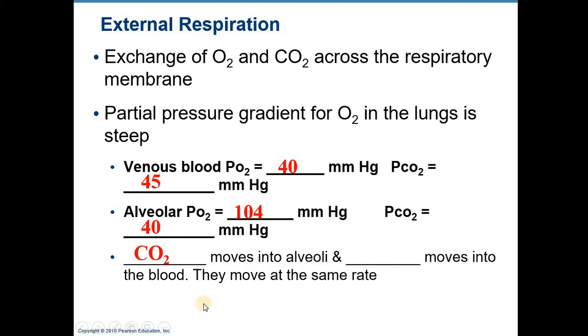Because of their different partial pressures, carbon dioxide is forced to move into the alveoli and oxygen is forced to move out into the blood. They move at the same rate. So their difference in partial pressure explains how they move across the alveoli and bloodstream barrier from one place to another.